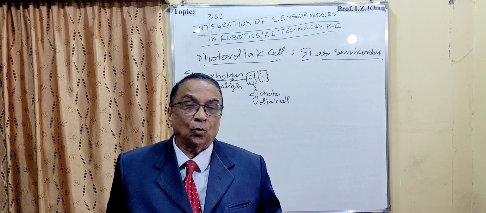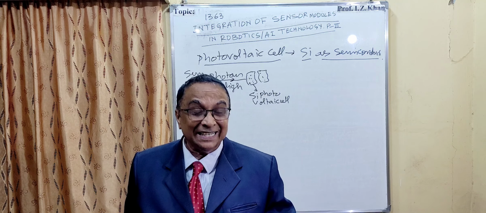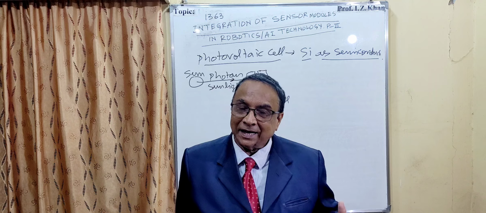The reason is that it is the best source of neat and clean energy without any carbon emission, or we can say without any atmospheric pollution. Solar is the best option, where it is converted through photovoltaic cells.